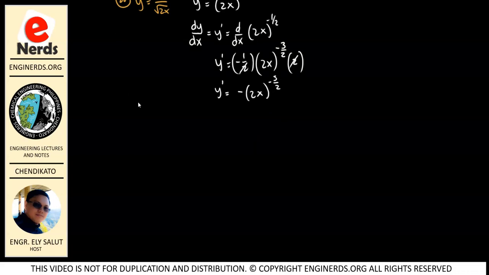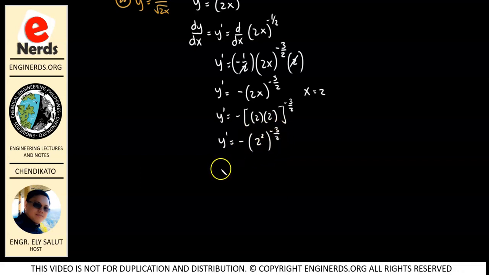Okay, so now we know that our x is equal to 2, so we could substitute that here. We will have y prime is equal to negative (2 times 2) to the negative 3 over 2. So we have y prime is equal to negative (2 squared, which is also equal to 4) to the negative 3 over 2. Now, the rule of exponents is that we can multiply our exponents here.